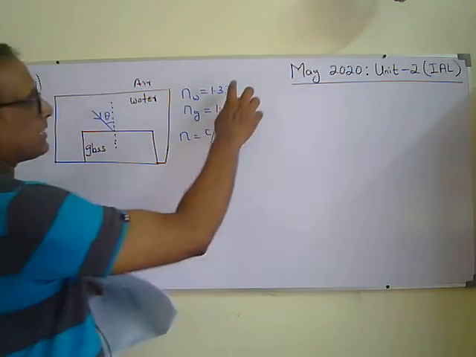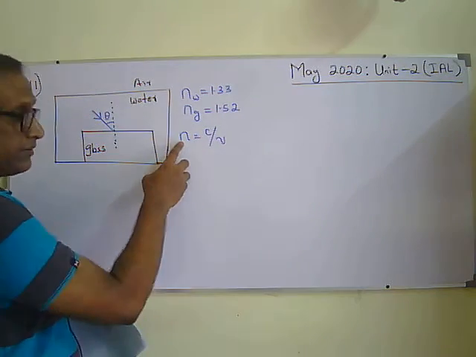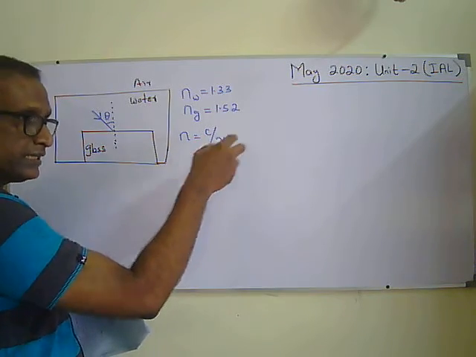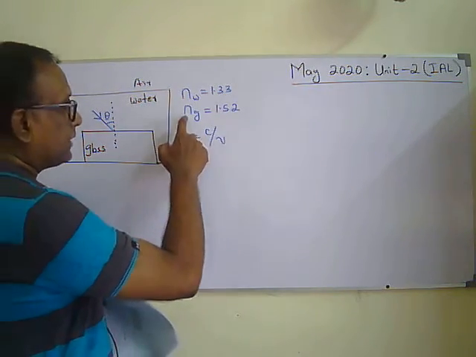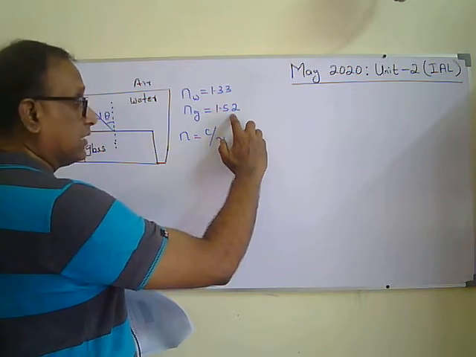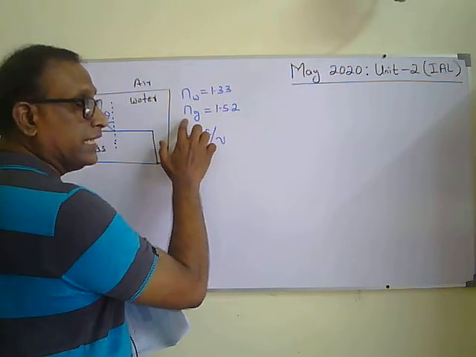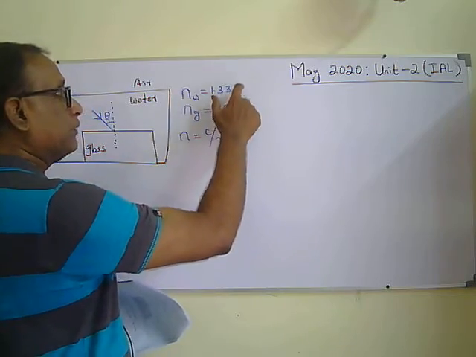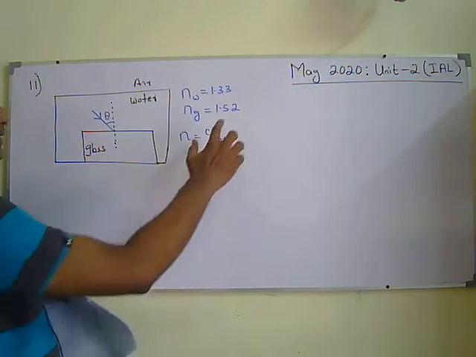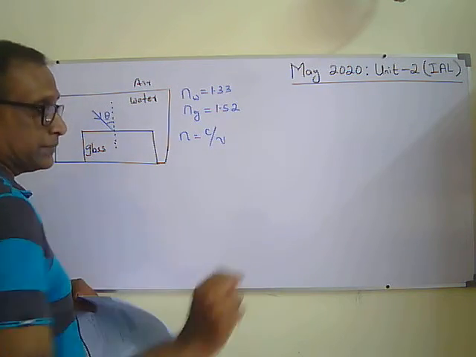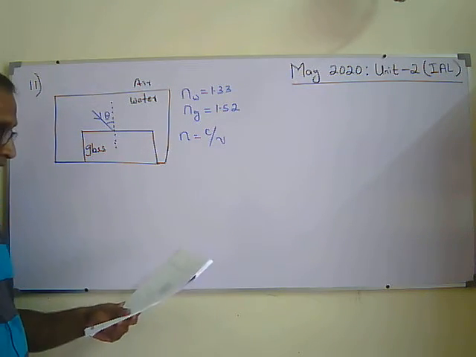And the refractive indexes are given. So you know that the refractive index equals speed of light in vacuum divided by the speed of light in the medium, which means the glass has larger refractive index, so the speed is less. So glass is an optically more denser medium compared to water, because refractive index is more means speed is less. Speed less means it's an optically more denser medium.